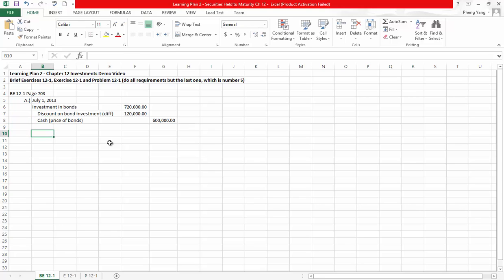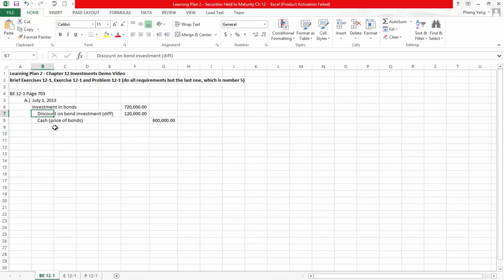Okay, so that's how our journal entry would look. We will have a credit to cash of $600,000 because they used cash to purchase these bonds, and they will record in their balance sheet an investment in bonds of $720,000, and they will have a discount on bond investment of $120,000.